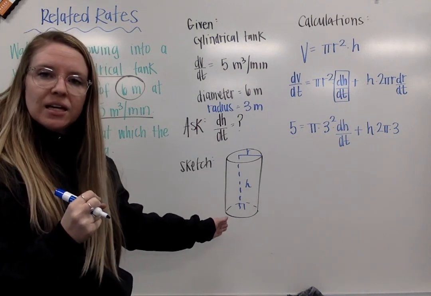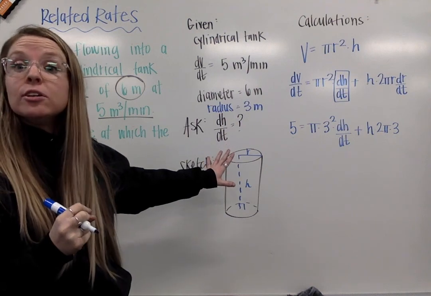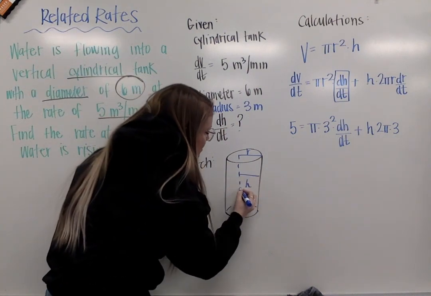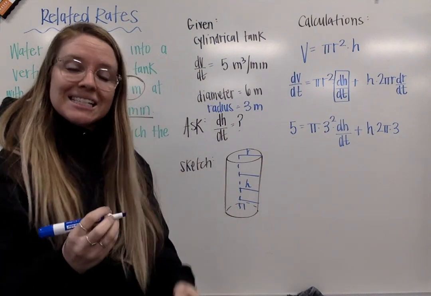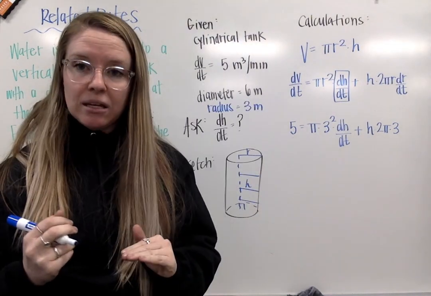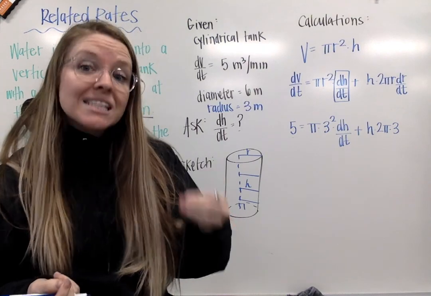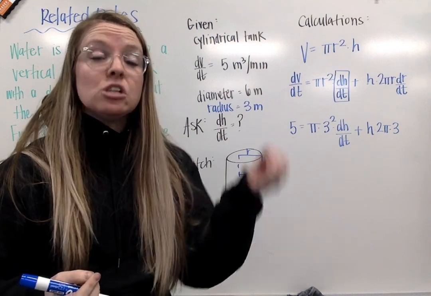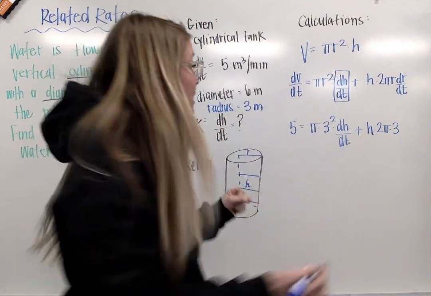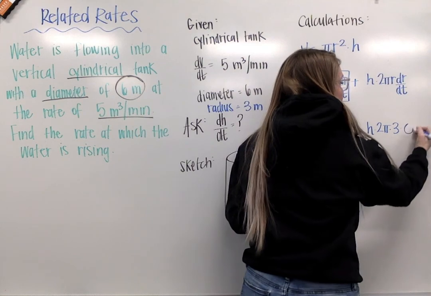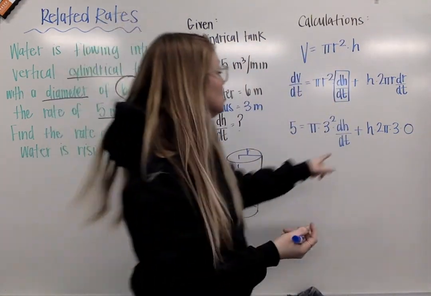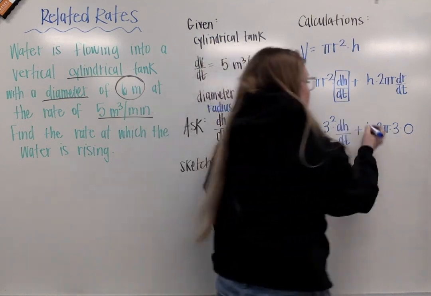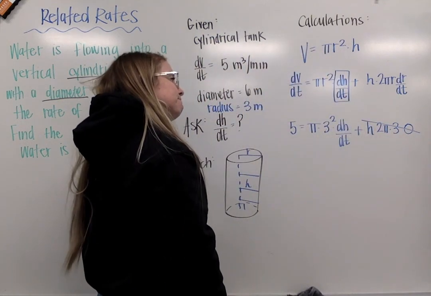Well, think of a cylindrical tank. This radius is the exact same radius for that entire tank, right? So is that radius changing? No, it's not. So if the radius isn't changing, its rate of change is 0. So I might not know what this height is, but I'm going to end up multiplying it by 0 anyways. So that's going to go away.